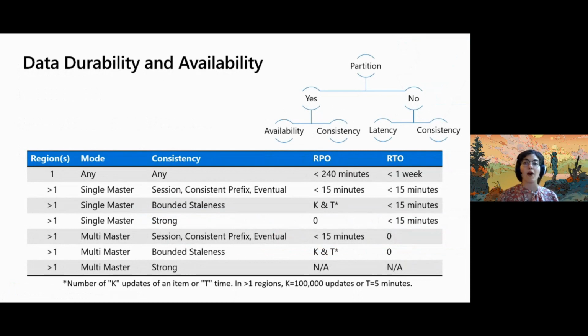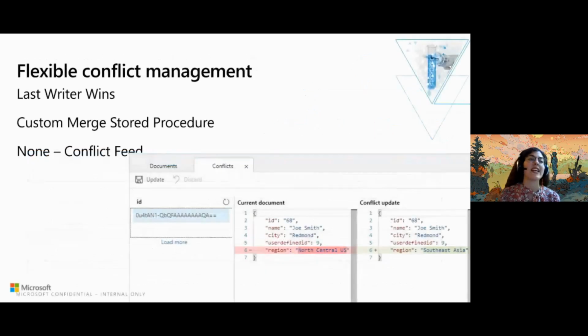Okay, yes. Now, one question that you might have with this multi-master feature is how we manage and resolve conflicts. What happens if a user is trying to update or insert the same document in different data centers? Cosmos provides a very, I'd say, flexible management of conflicts.